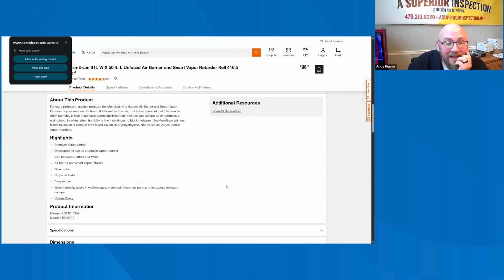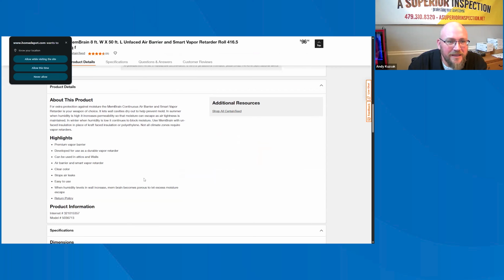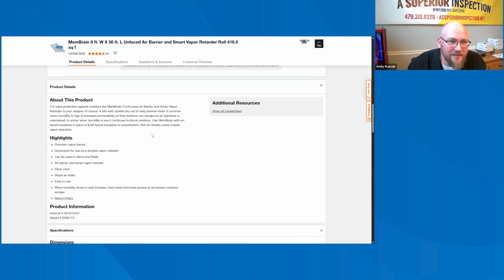Honestly, we don't have any of that applied to any of the houses that I've inspected, so I haven't had a chance to dive into this. But it is very interesting. The chemical and material technology is getting so advanced with the different types of modified plastics and that type of stuff.